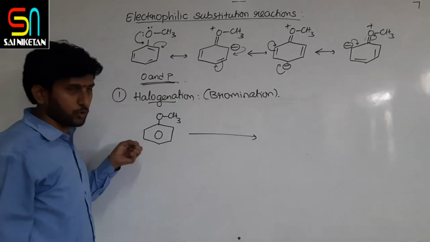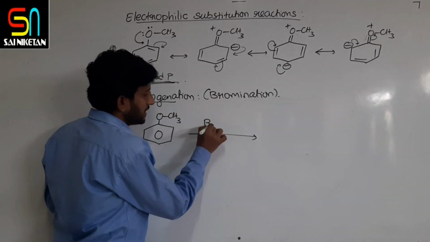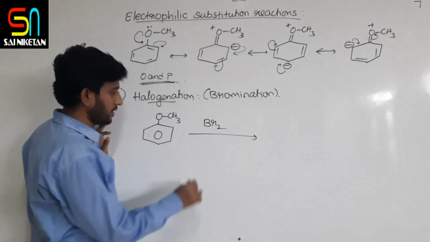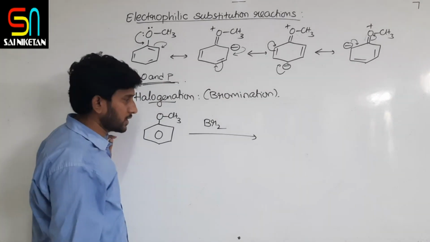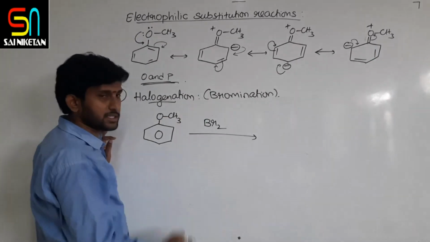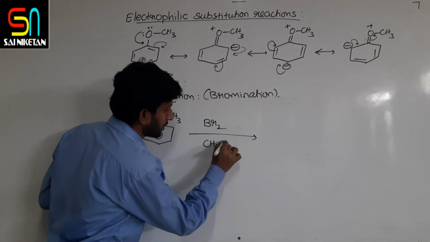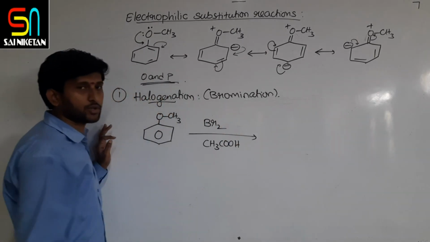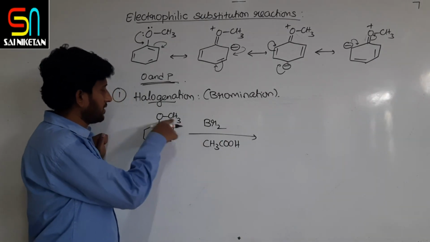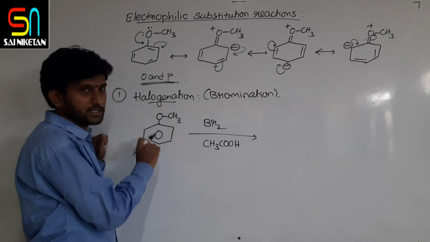So it makes the ring more electron rich, and this electron rich species is sufficient to polarize the bromine molecule. No need of catalyst. Directly bromine you can take and the reaction will continue. This is taken in acidic, polar medium, acetic acid we are taking as solvent. Bromine directly gets polarized with anisole. Why? Because it is electron rich in nature.